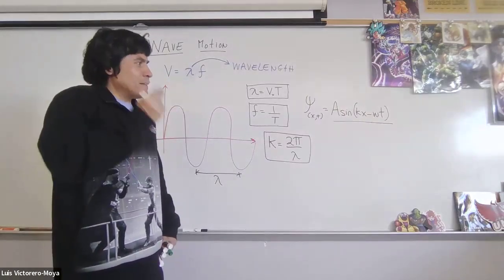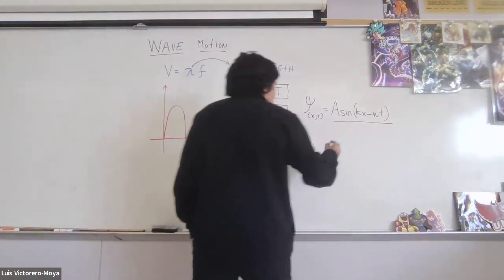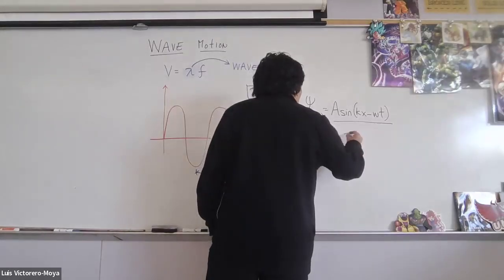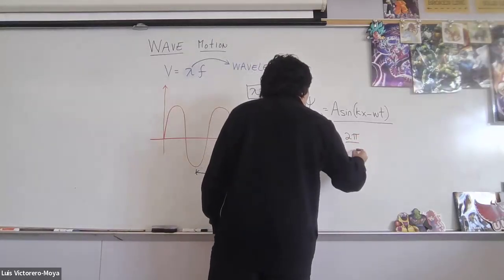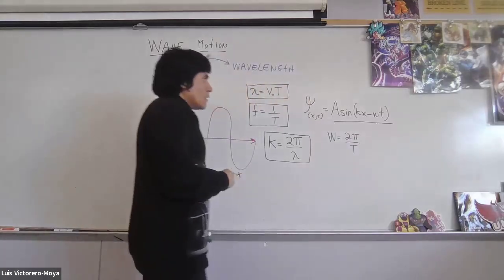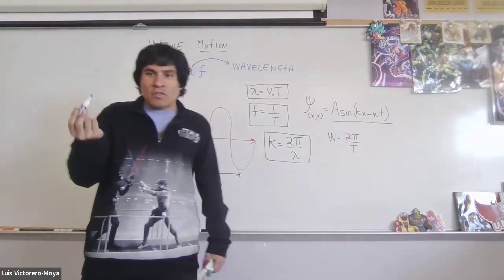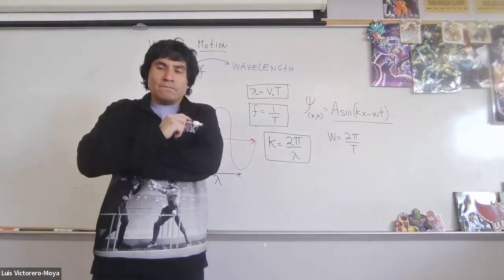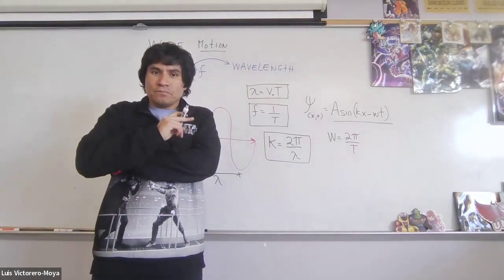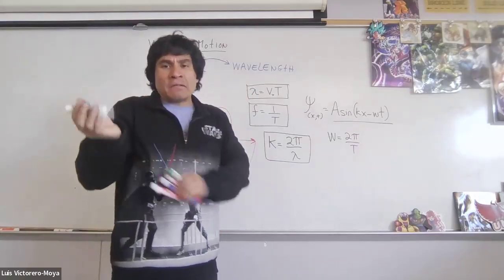I'm just writing it like that, where omega is still your angular frequency, 2 pi over period. Easy. And K is this. So K appears in the equation for the wave.